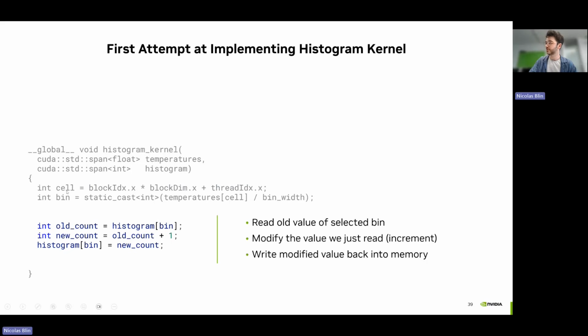That will return 0, because 4 is between 0 and 10. So I'm getting bin 0. Then I'm going to fetch what was the bin 0 value by fetching in the histogram. Then I just want to increment by 1, because I have one new value that I want to add in this bin 0. And then I can just write back the result into memory, right?